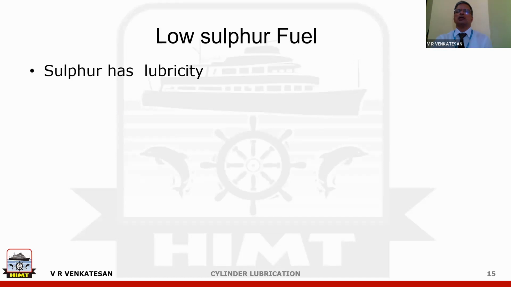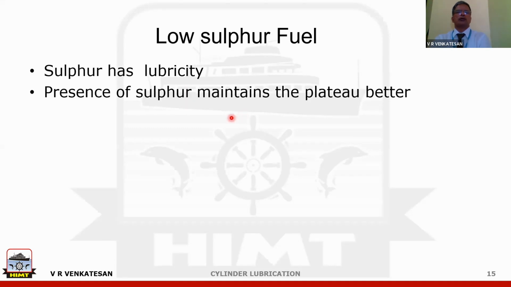One is in the entire fuel handling system. The sulfur itself is an element with some lubricating ability. So when sulfur is not there in the fuel, there is a problem of lubrication otherwise. So when sulfur is there in the fuel, that provides a little bit of lubrication in the liner also.